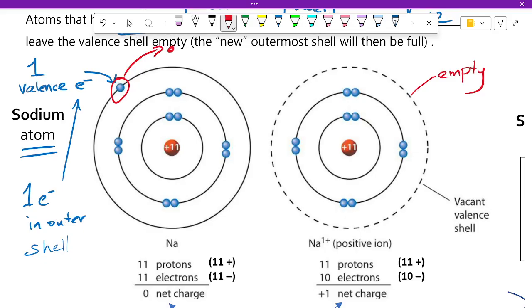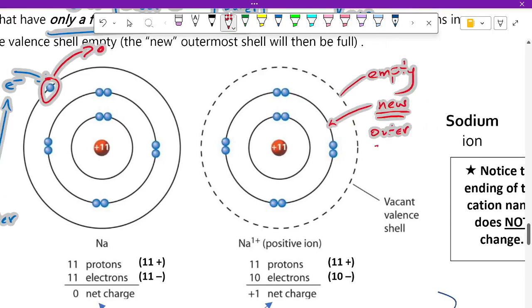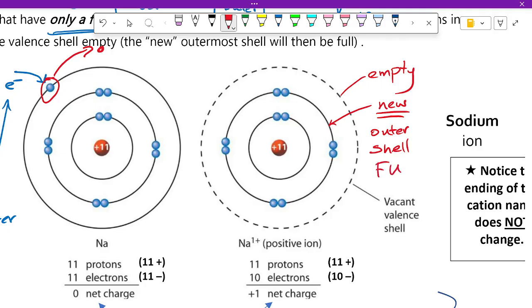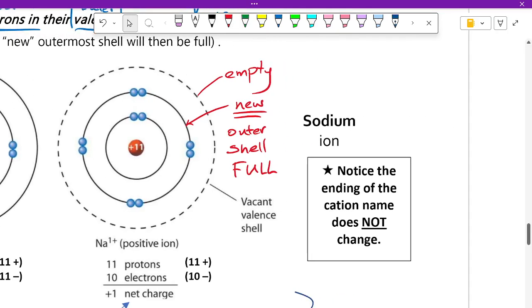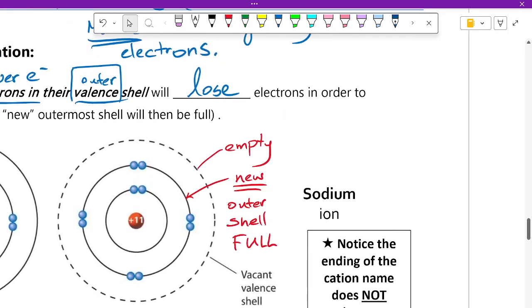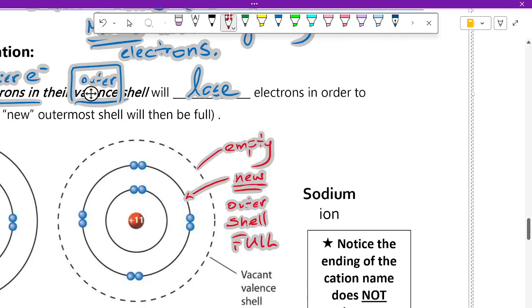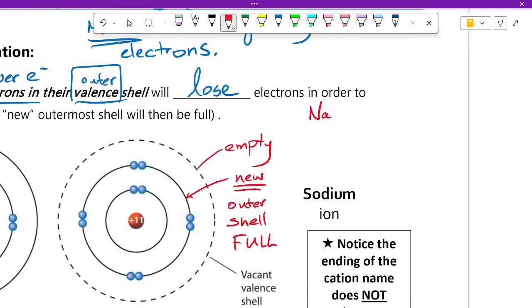And that means our new outer shell is full. And what's so good about a full valence shell? Full valence shells are stable. Nature loves full valence shells because they are stable.